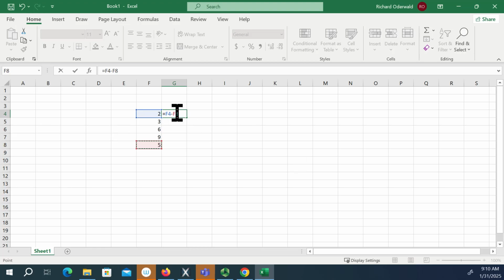Now go to in that F8, or where mine is, wherever yours is, go between the F and the 8, and we're going to lock that cell reference with a $ sign. So no matter what we do from now on, this is going to keep that 5 there as part of the formula.